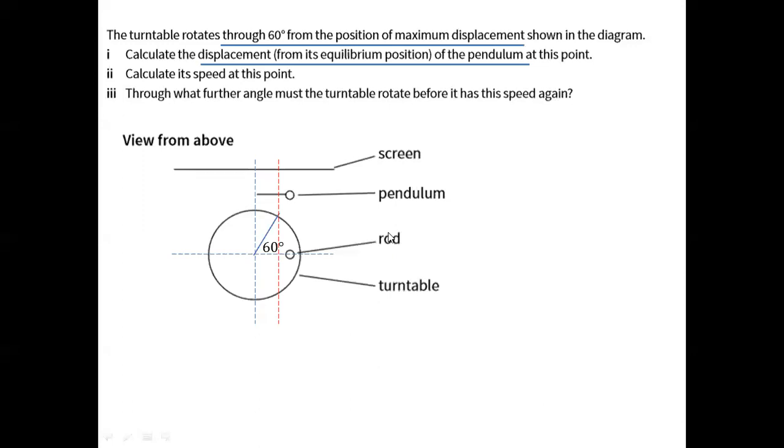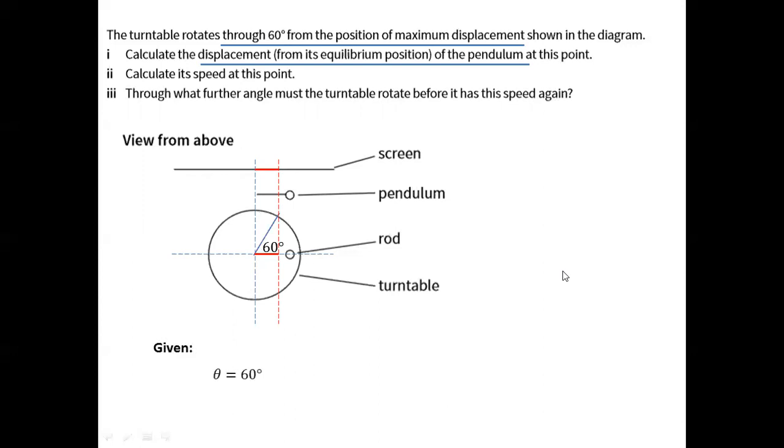And we are asked to calculate the displacement from the equilibrium position. The equilibrium position is denoted by this vertical line. So the displacement that we are supposed to get will be this one. Let's now write down the given information in this part of the problem.